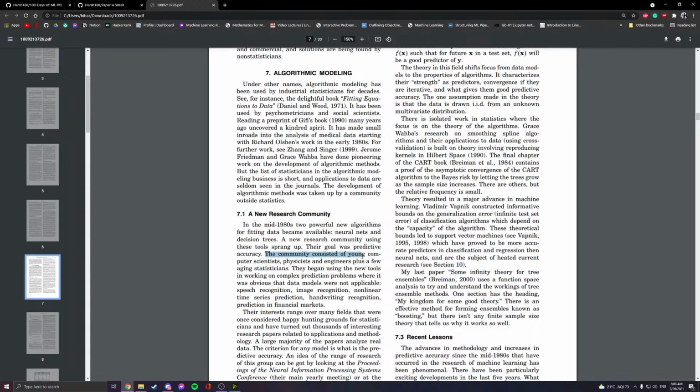So the community consisted of young computer scientists, physicists, engineers, and a few aging statisticians.